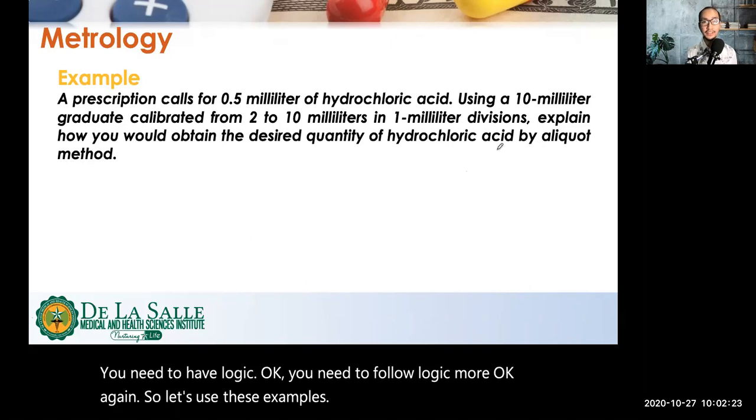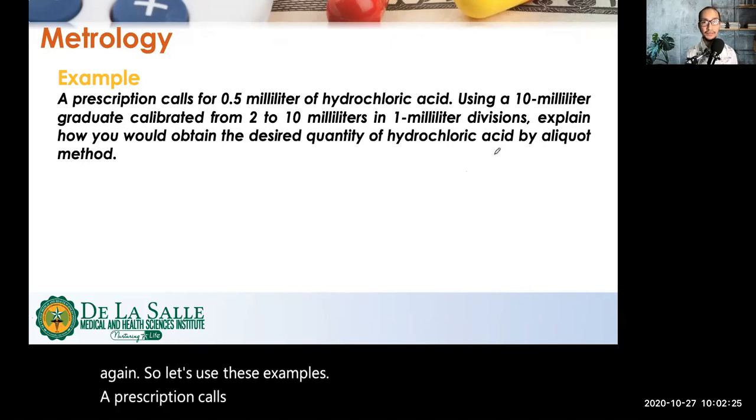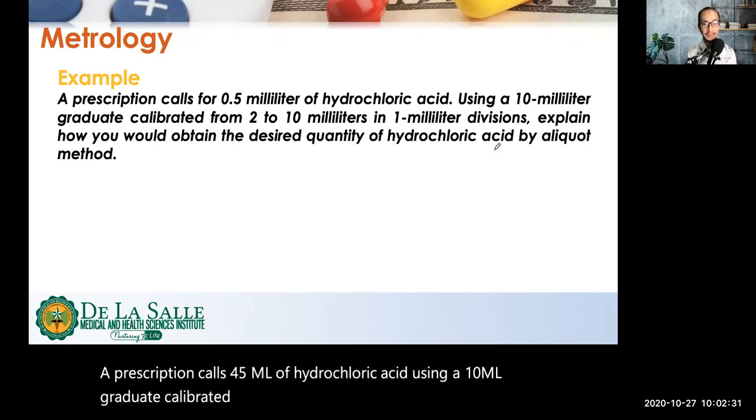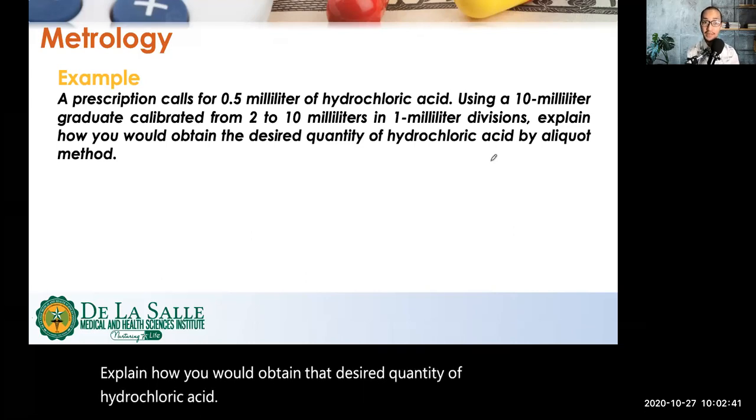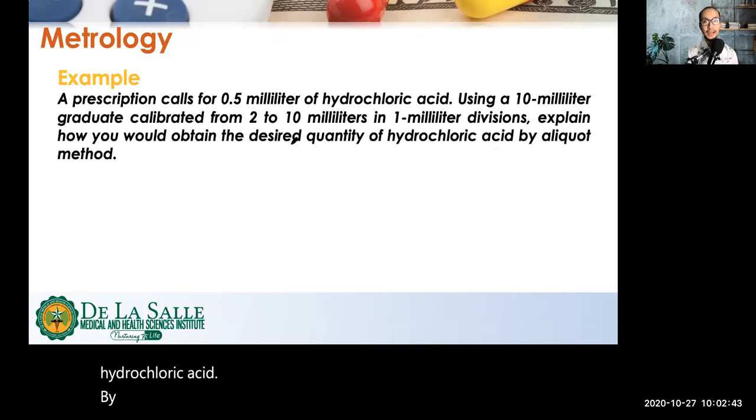A prescription calls for 0.5 milliliter of hydrochloric acid using a 10 milliliter graduate calibrated from 2 to 10 milliliters in 1 milliliter divisions. Explain how you would obtain the desired quantity of hydrochloric acid by Aliquot method. Okay? Ayan. So, ano-ano yung mga mahalagang malaman dito, no?